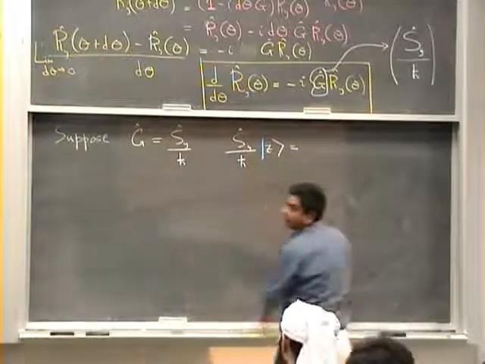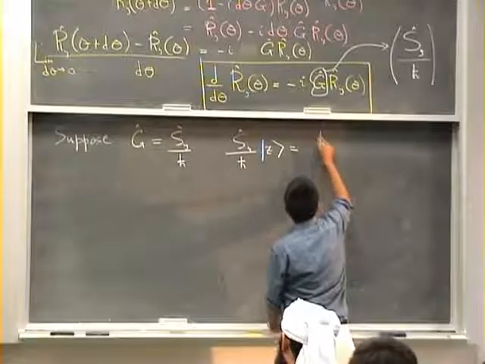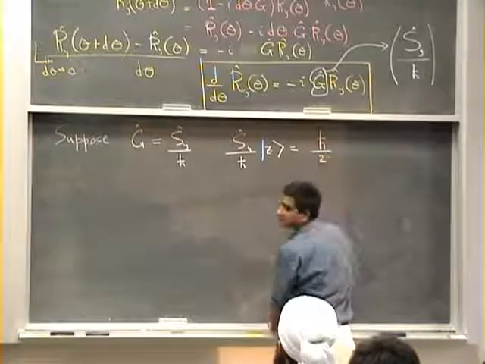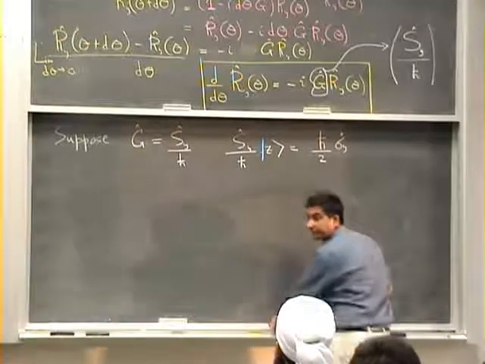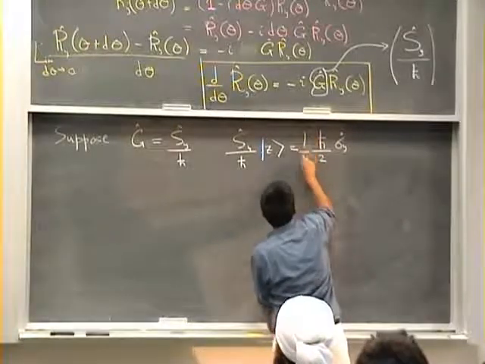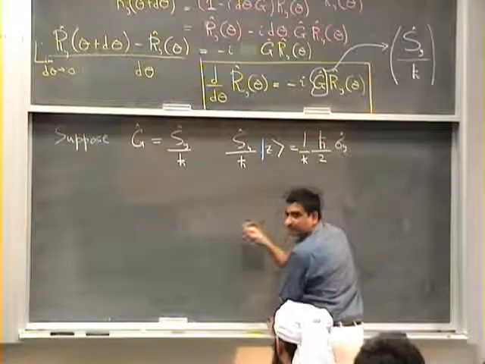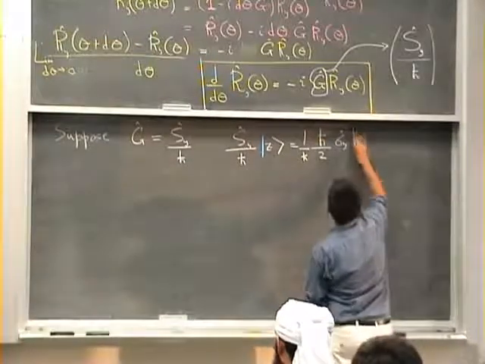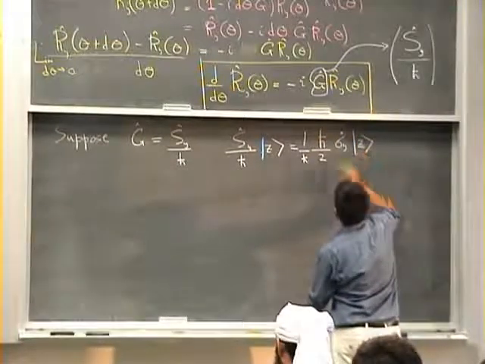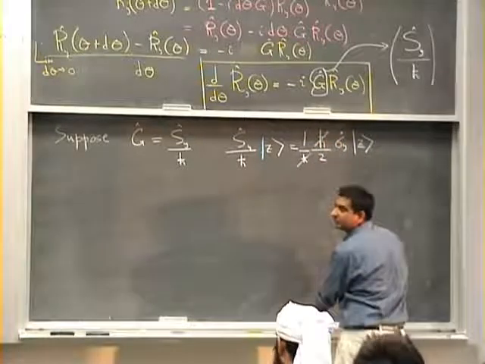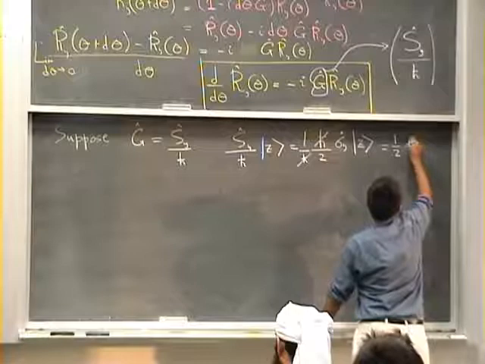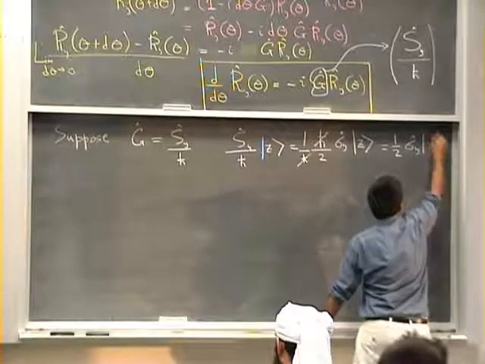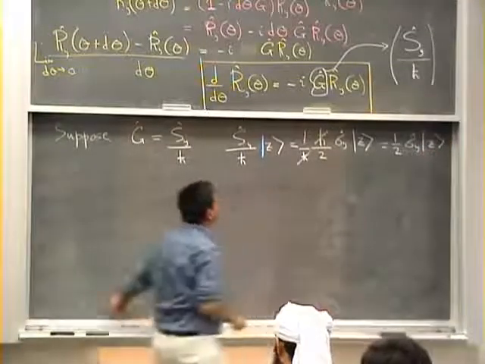Now what is Sy? Sy is h bar over 2 into the Pauli operator, right? This 1 over h bar is part of my definition. Now this is acting on ket z. This h bar cancels out. And I have 1/2 sigma y acting on z. Now what is my sigma y?